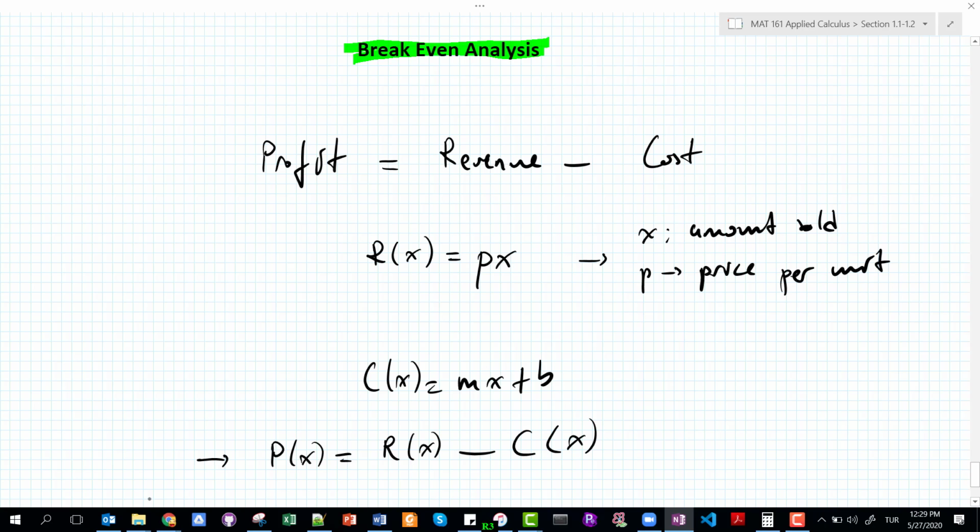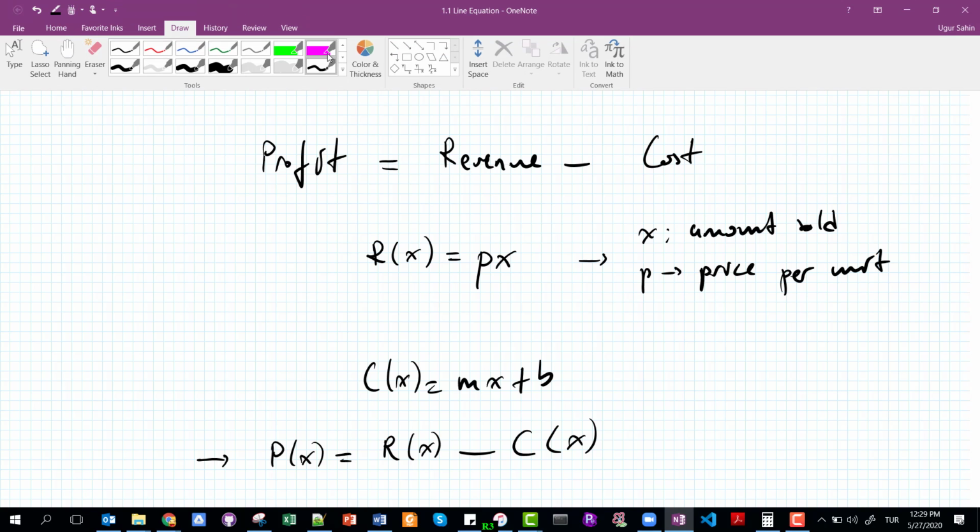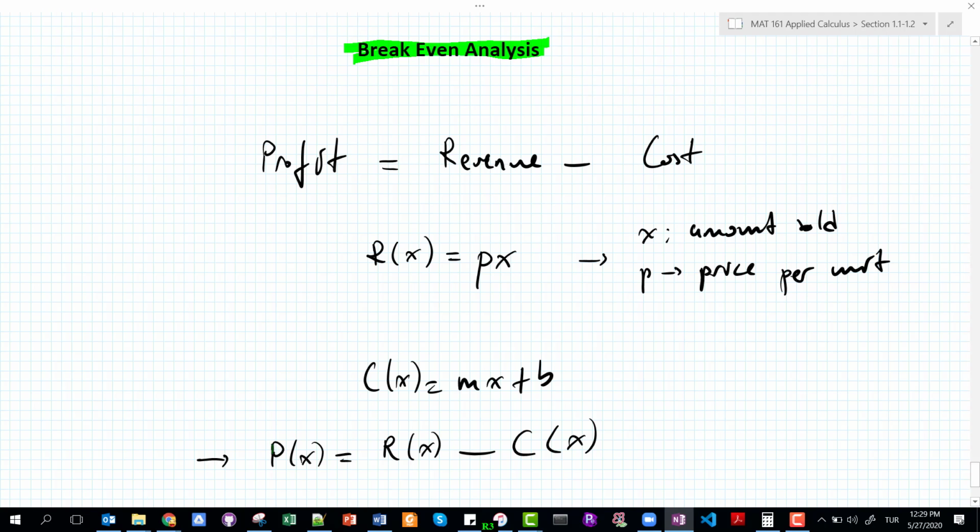That's going to be the problem we will be working on. This is how we can calculate the profit. To make the profit, as you see, the right-hand side should be bigger than 0. If you lose some money, that means the right-hand side will be less than 0.